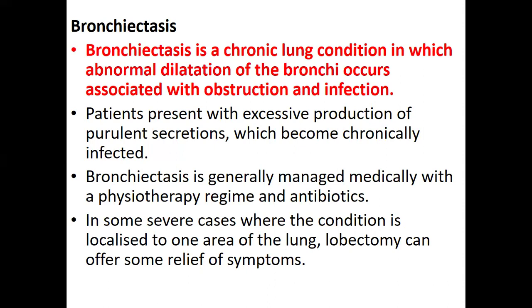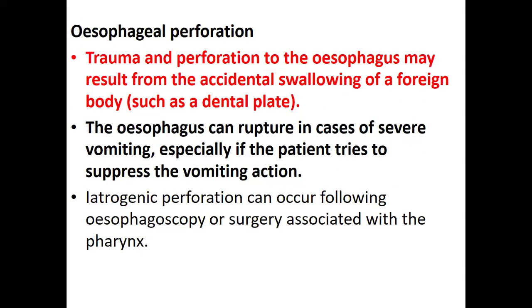We said it's a chronic lung condition in which abnormal dilatation of the bronchi occurs, associated with obstruction and infection. So there could be a need to open the chest wall and lung tissue, access the affected area and drain the pus, treat the infection or remove anything that is causing a problem.